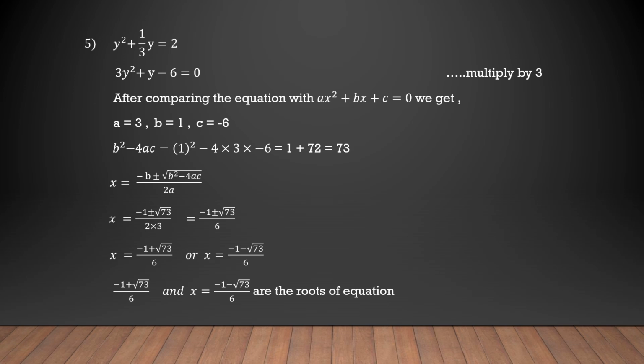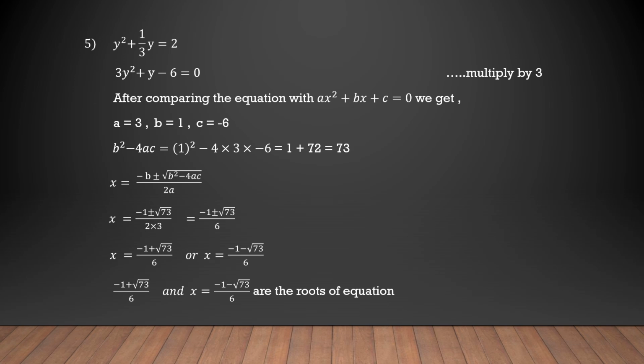Then we compare this equation with ax² + bx + c = 0. Then we get a = 3, b = 1 and c = −6. After that we find the value of b² − 4ac. b is 1, and 1² − 4 into a into c. So a is 3 and c is −6.